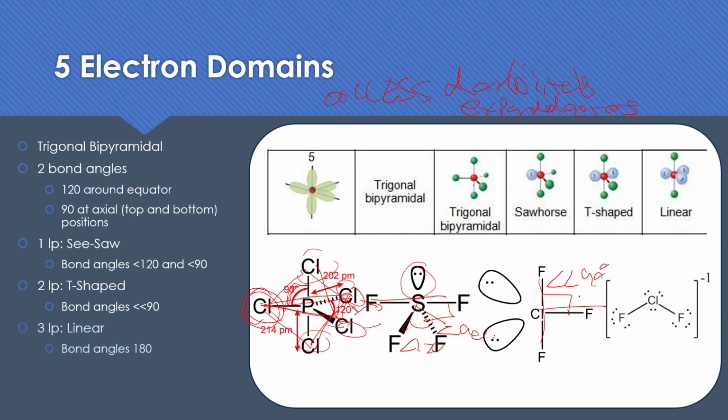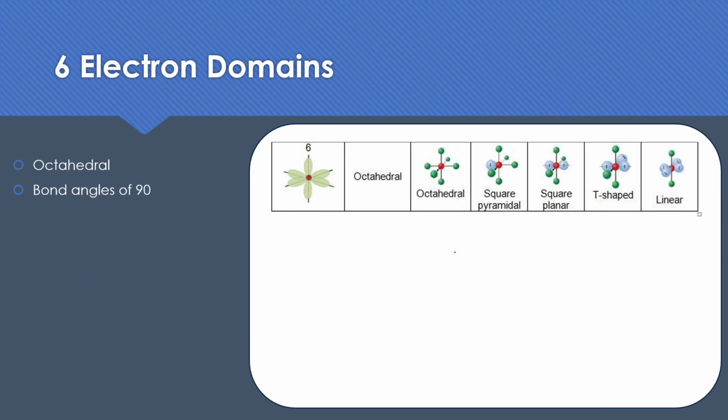And then finally we have linear. This isn't a great drawing, but you know, F, Cl, F, and then on the equator, lone pair, lone pair, lone pair, 180 degrees.